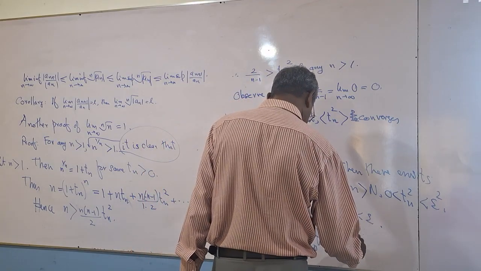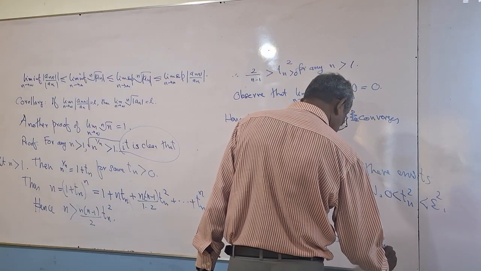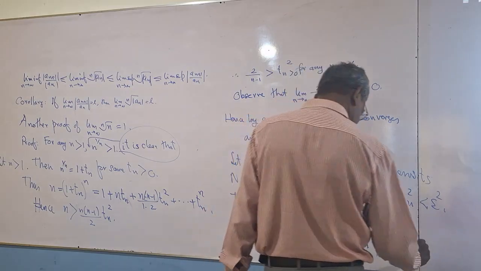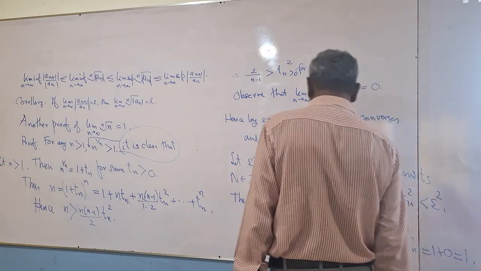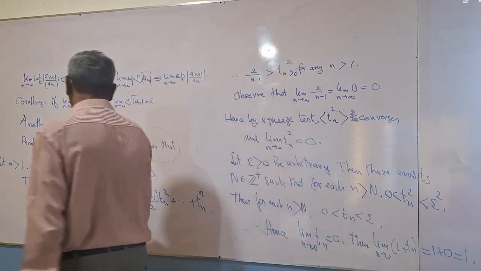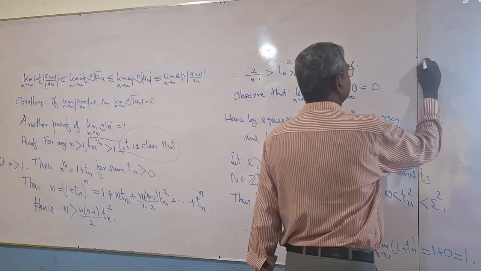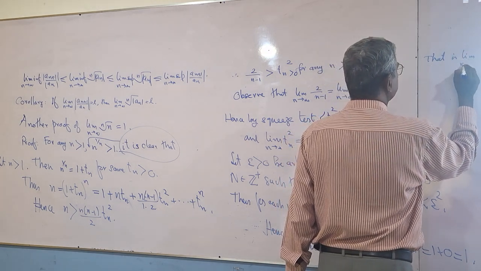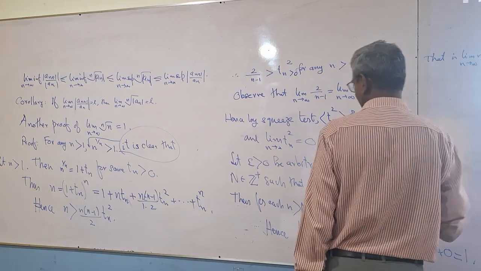Thus, the limit as n tends to infinity of 1 plus Tn is equal to 1 plus 0 is equal to 1. But 1 plus Tn is exactly n to the 1 over n, that is, the limit as n tends to infinity of n to the 1 over n is equal to 1.